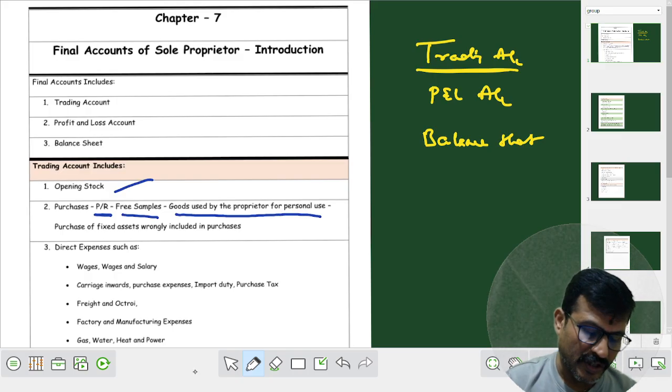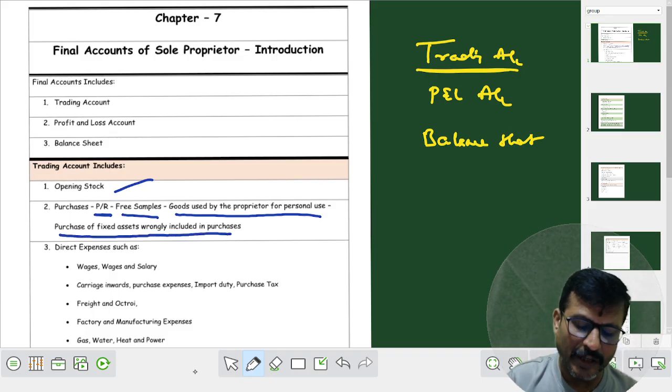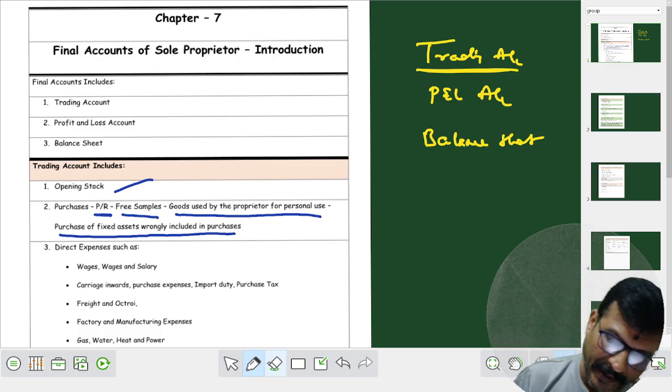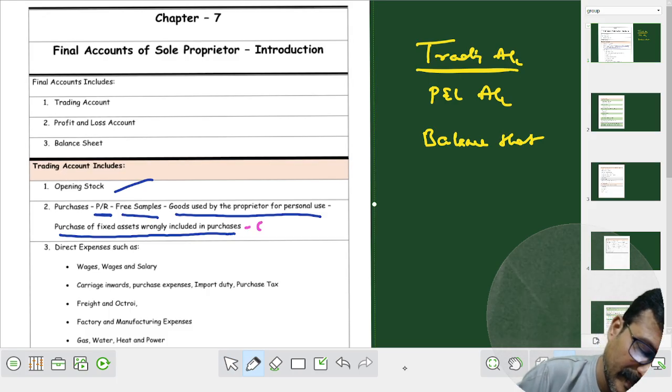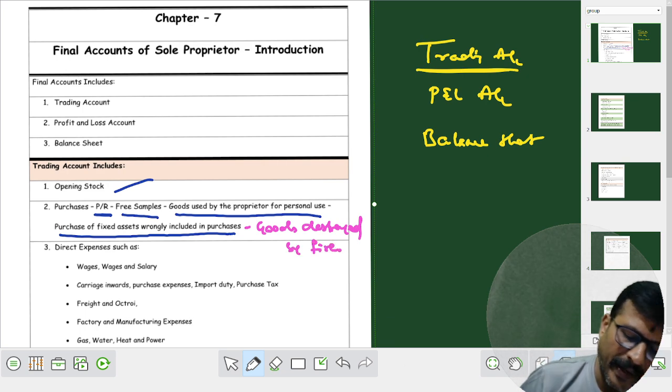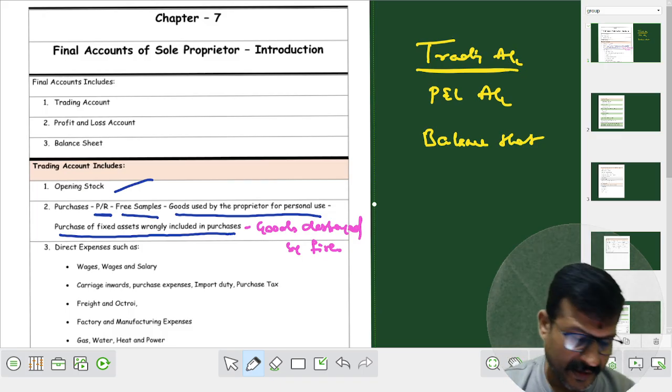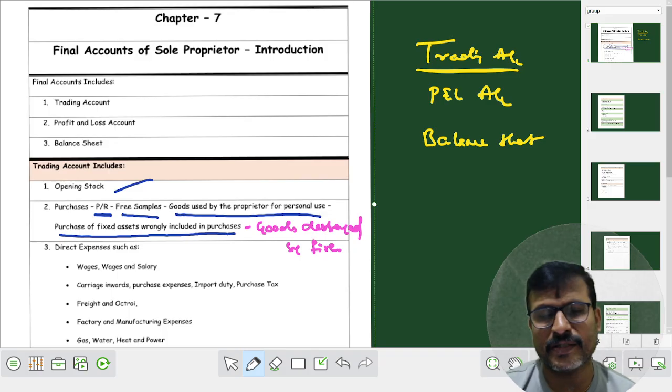Sometimes a purchase of fixed asset is wrongly included in purchases. Apart from this, we have to subtract one more item, please make a note of it: goods destroyed by fire. The cost of the goods destroyed by fire is also to be subtracted out of purchases.